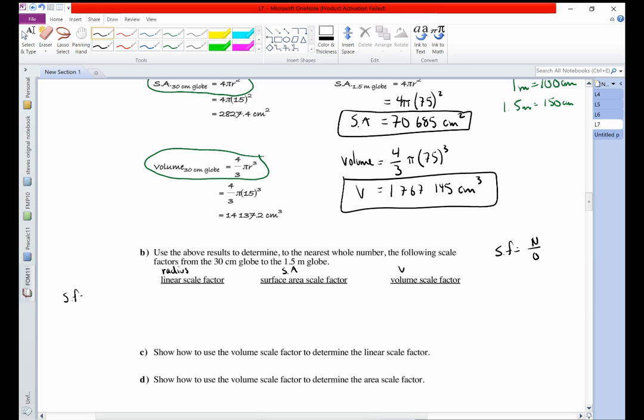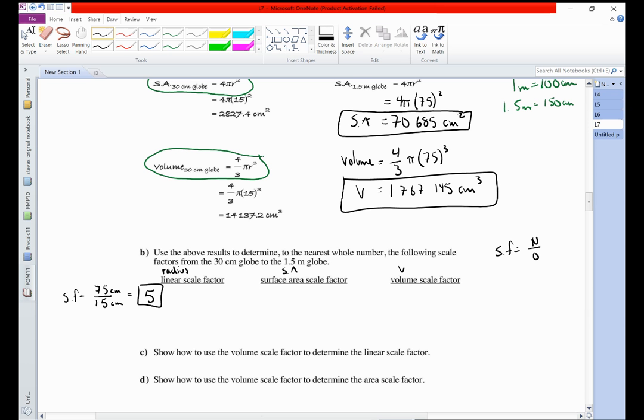So scale factor is going to be the new radius, which was 75, over the old radius, which was 15. And what do we get? 75 divided by 15 gives us 5, right? Our scale factor is 5.